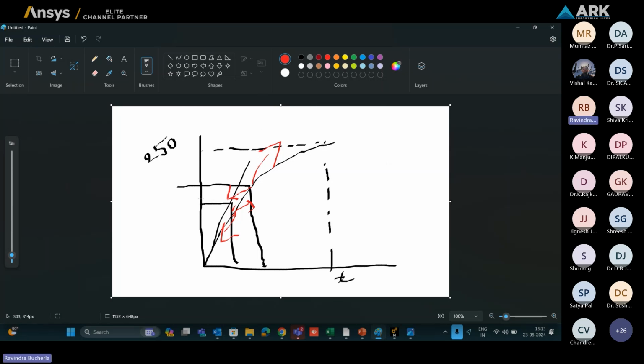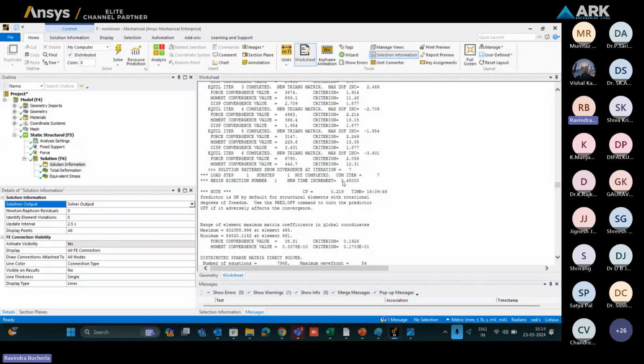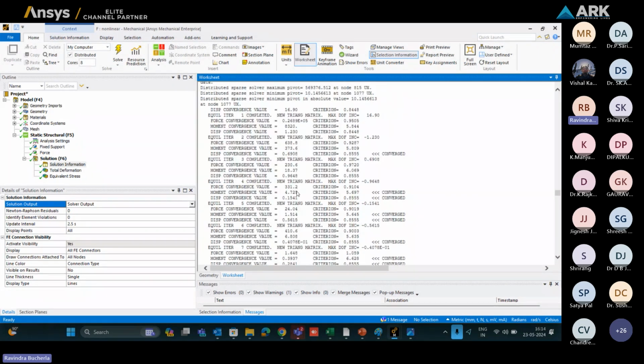So it applied only 112.5 newtons of load, and in between this range, it started solving the problem. Because this solution was diverging, bisection happened, and it took only 112.5 newtons here, and again it solved, and again it solved.